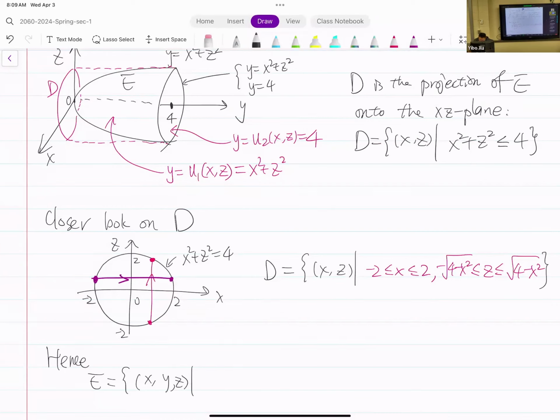So we start with x, so -2 to 2. And then for z, we are using functions of x to bound. And finally, we have y is cut between u1 and u2. Okay. And you see u1 and u2 are functions in terms of x and z at the same time.